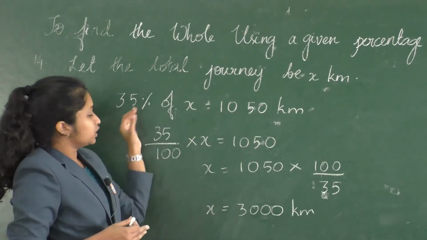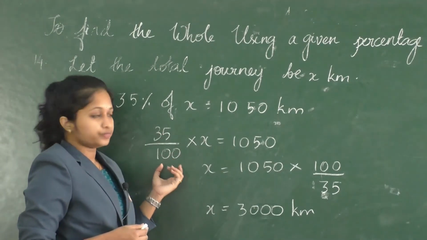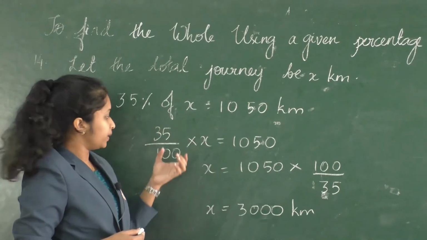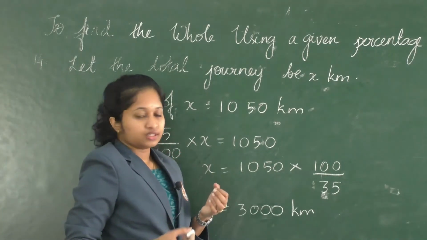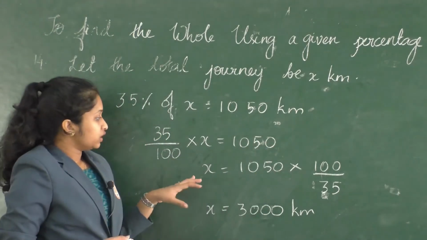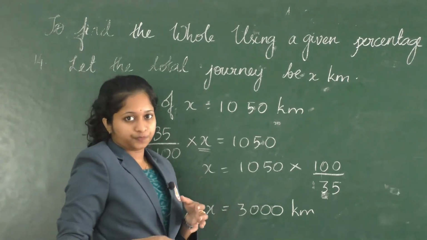Now this 35% can be written as 35 by 100 into x. So 35 by 100 into x is equal to 1050. Now we should find this x, that is the total journey.